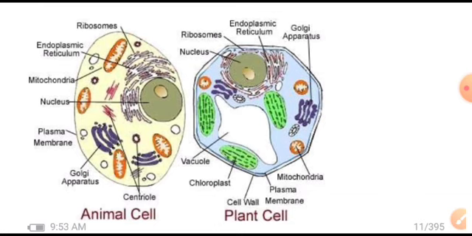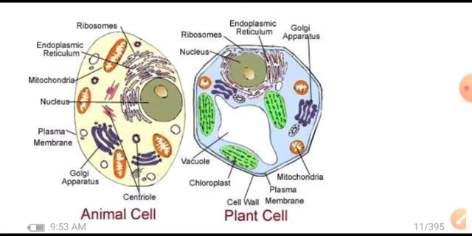You should know the differences between animal cell and plant cell. In general, the animal cell does not have a cell wall, whereas the plant cell has a cell wall. The animal cell does not have chloroplast, whereas the plant cell has chloroplast. Animal cells are likely to burst when they are full of water, whereas plant cells do not burst when they are full of water.